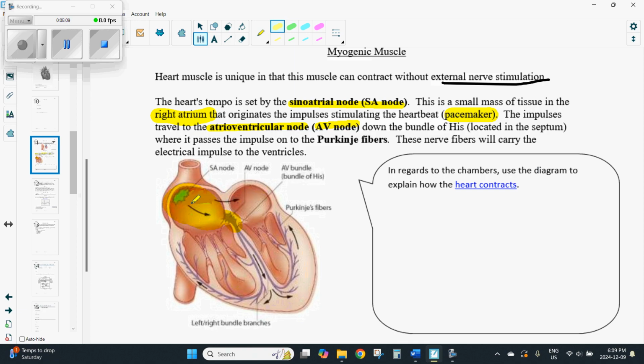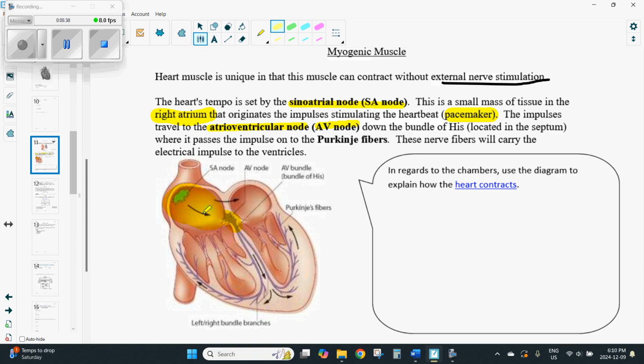So the fact that you have that impulse traveling this way, okay, you see that black arrow right below the SA node, this means that the impulse is going to cause contraction in your right atrium first. It takes a bit longer for the impulse to reach the left atrium, so your left atrium is going to contract slightly after your right atrium is contracting.